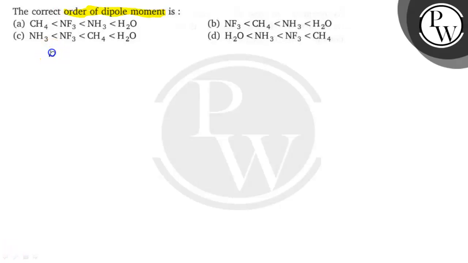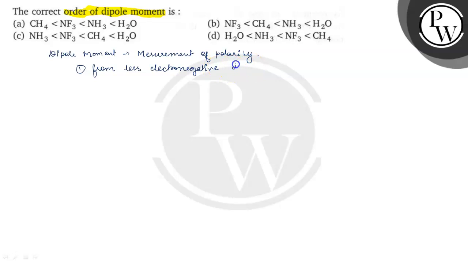So dipole moment is a measurement of polarity, okay, from less electronegative to more electronegative, okay.